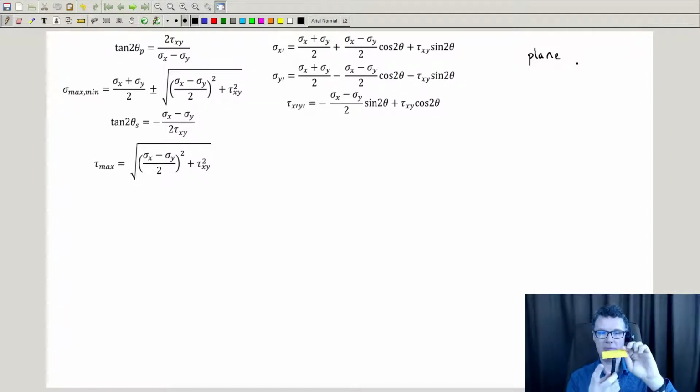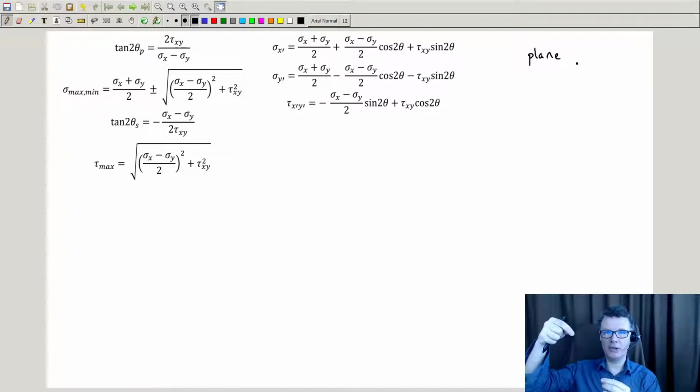So I cannot have any force overall pushing from my paper. For your balloon skin, that doesn't seem to make sense because you've obviously got a lot of pressure inside your balloon, but the elasticity of the balloon on the outside is pushing against the air pressure on the inside. So overall the force is zero. So overall you've got a zero force in the Z direction, and you call that plane stress.